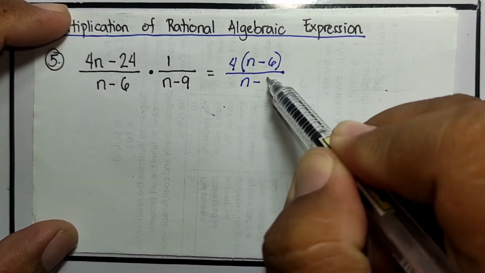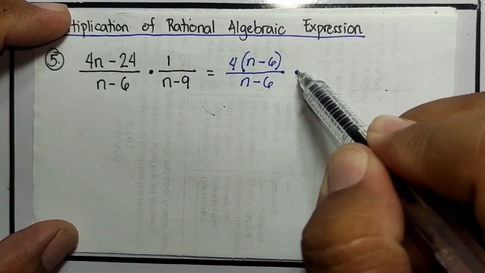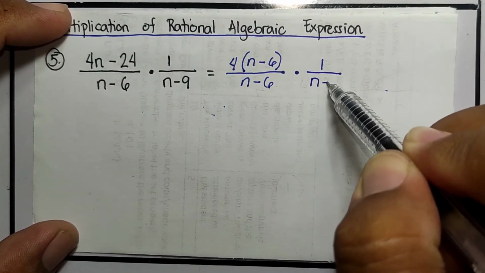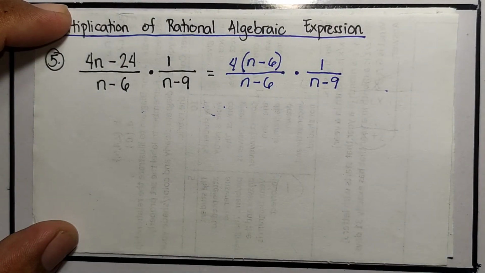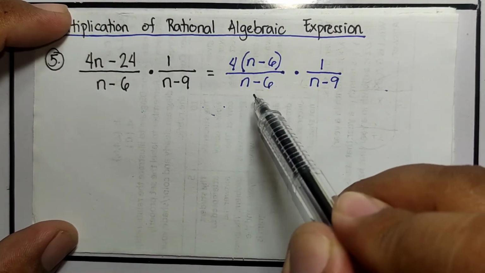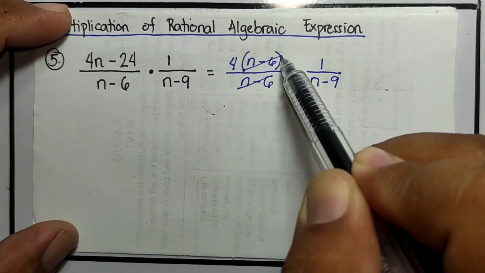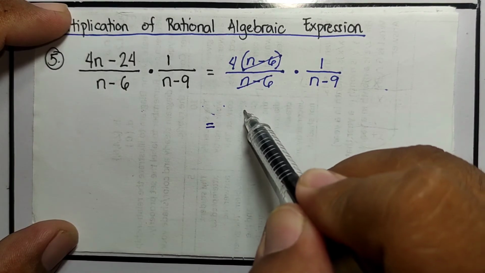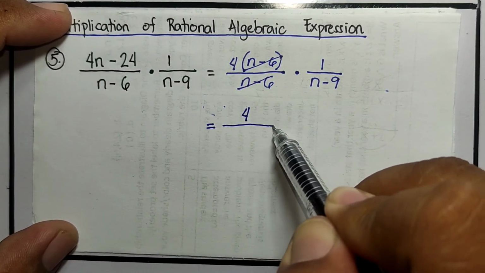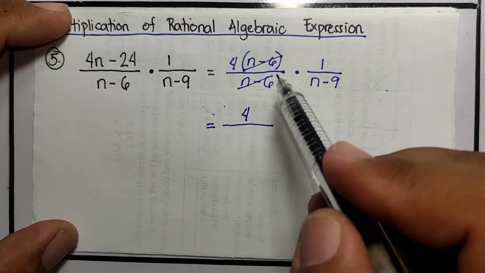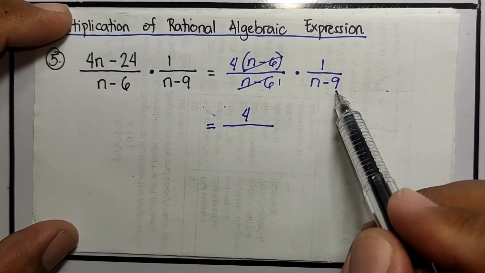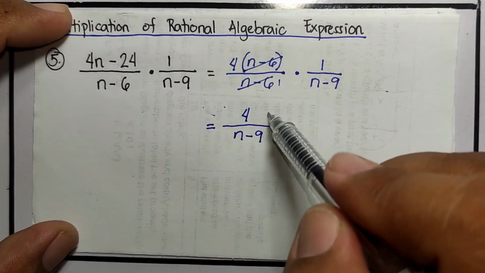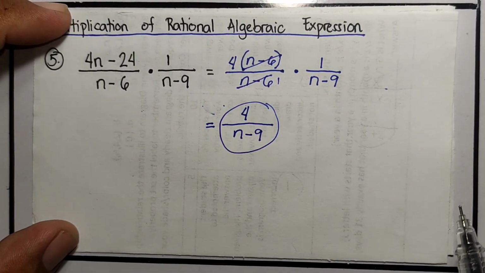Then n minus 6 times 1 over n minus 9. Then, n minus 6 at saka n minus 6, cancel natin. Meron na tayong natira. 4 times 1 is 4 over 1 times n minus 9, which is n minus 9. And that would be our product.